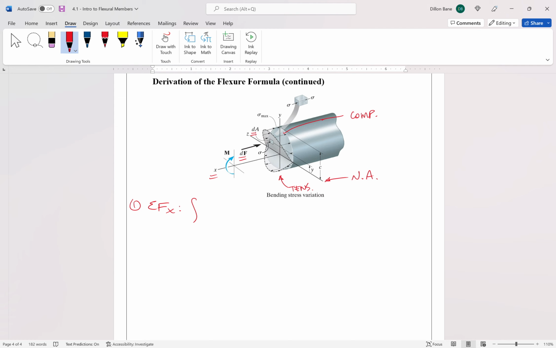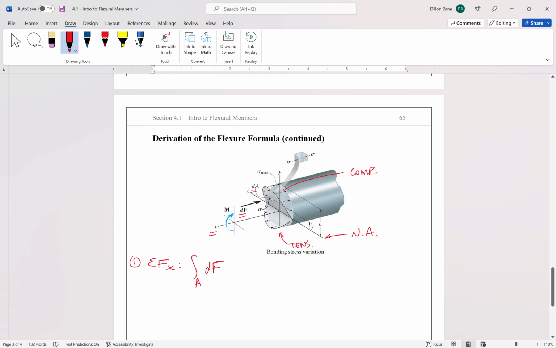So what this ends up being is the integral over the cross-sectional area A of all these little bitty dF forces. But we need some sort of variable for our integration, so we need a dA or something.